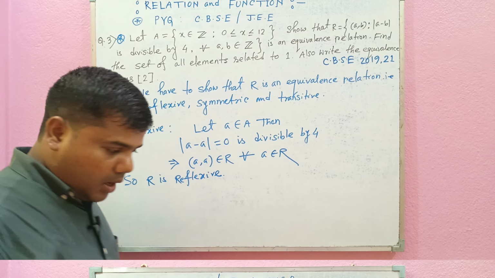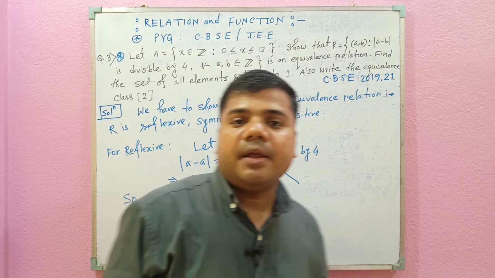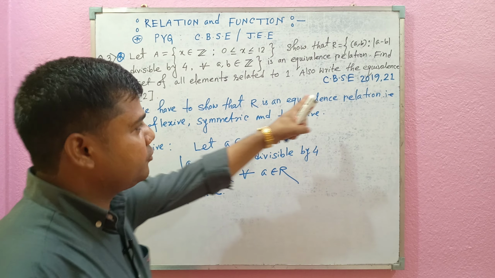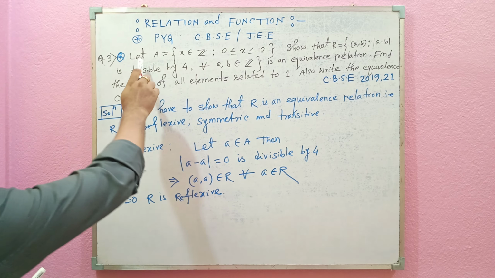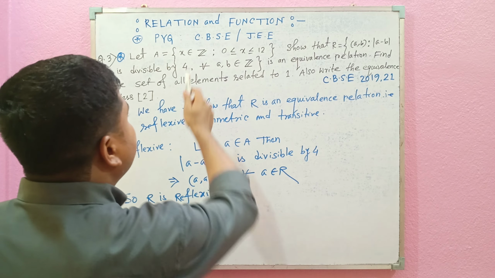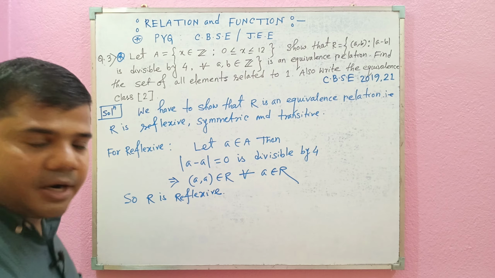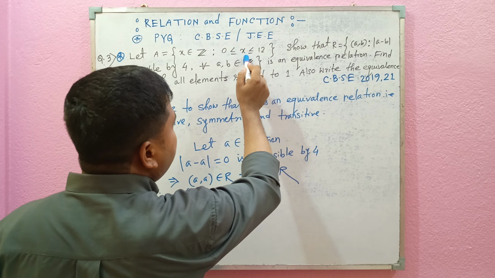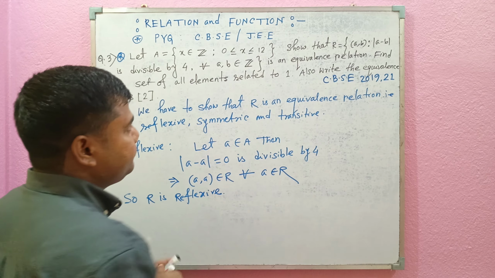Okay. Now, we will discuss a very important question for CBSE students. Let A be the set of all x belonging to the set of integers such that 0 is less than or equal to x and x is less than or equal to 12.